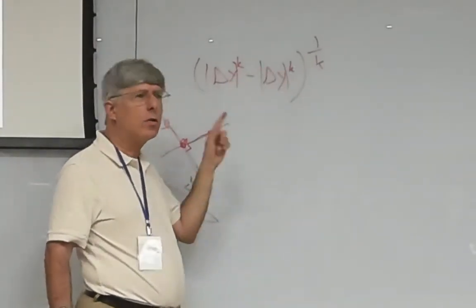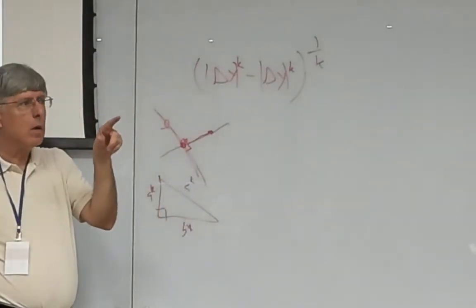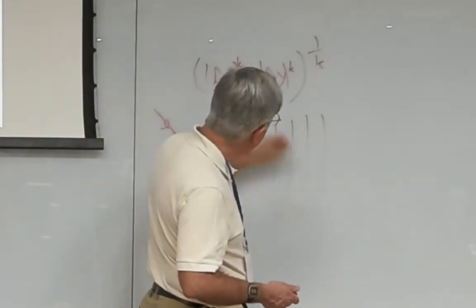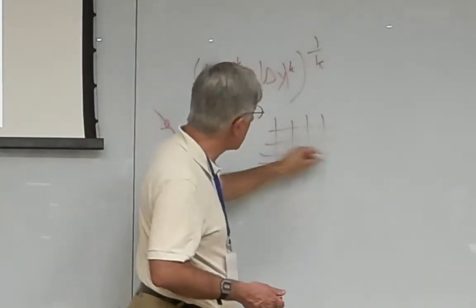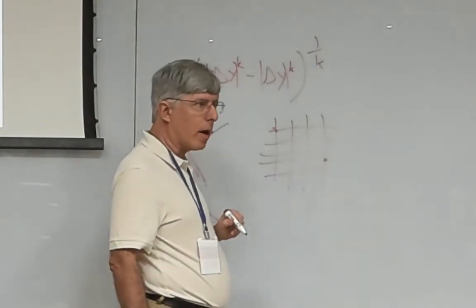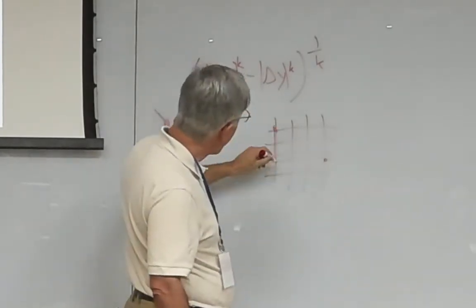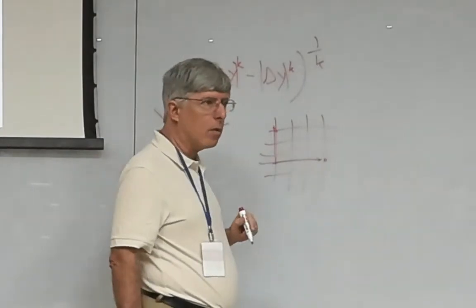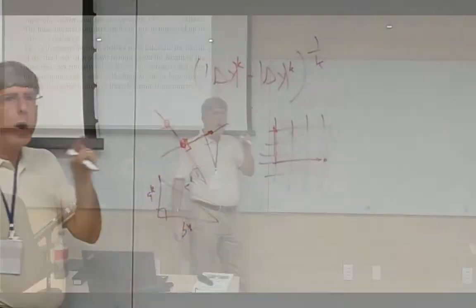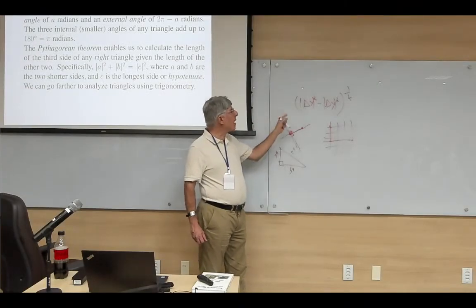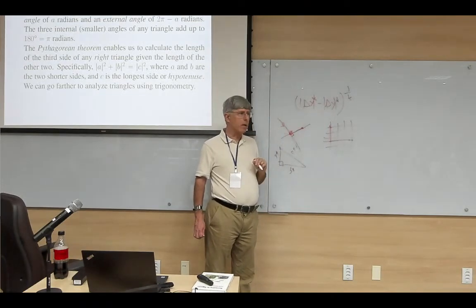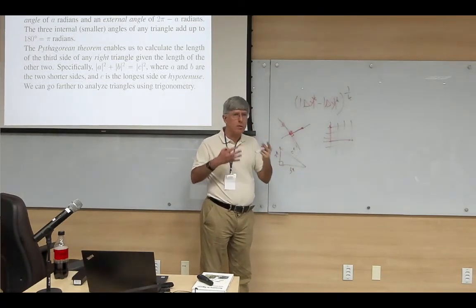What distance does this correspond to? Manhattan distance, right? You have a grid of cities. How long does it take to walk from here to there? It's the change in the y plus the change in the x. Does everybody see that? For any value of k, this will give you a reasonable distance metric that has the properties of distance that you would like.